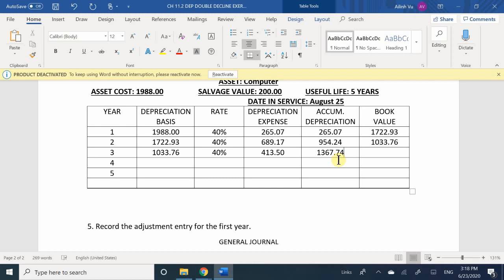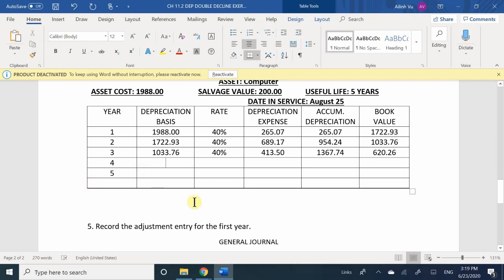I don't know why, but I just redid it and got 7. Okay, good. And minus 1988 gives $620.26. Yes. Just making sure you remember those cents.